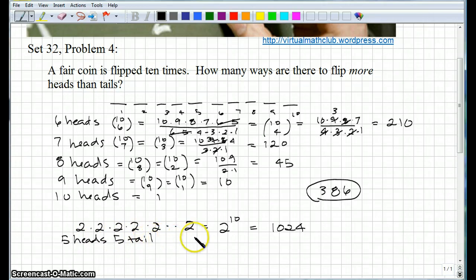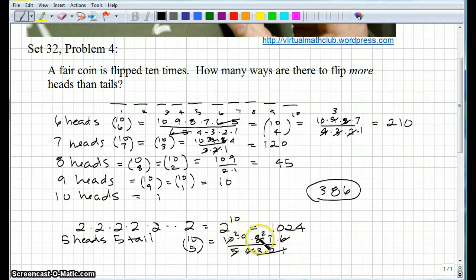right? Because that would just be 10 choose 5, which is just going to be 10 times 9 times 8 times 7 times 6 all over 5 factorial, 5 times 4 times 3 times 2 times 1. Okay, 3 times 2 times 1 will cancel with the 6. This can cancel, it'll be a 2, and I can make this a 2 as well.